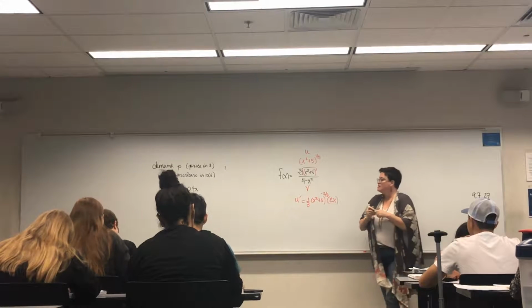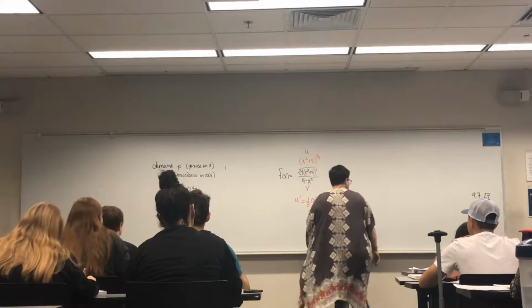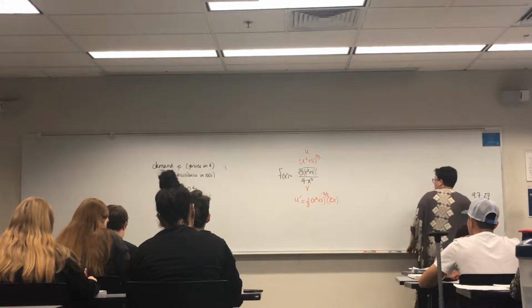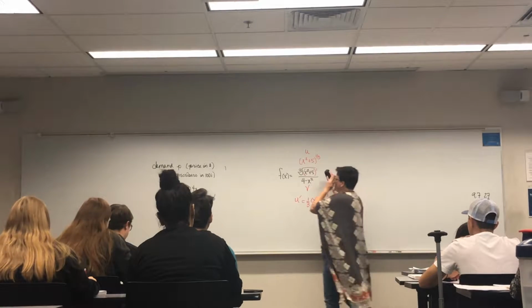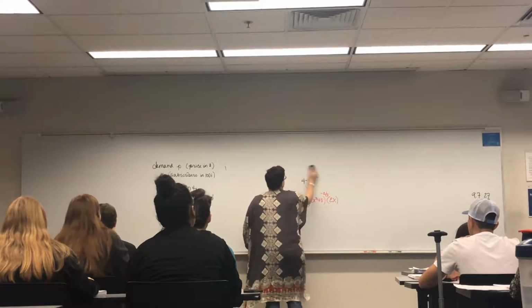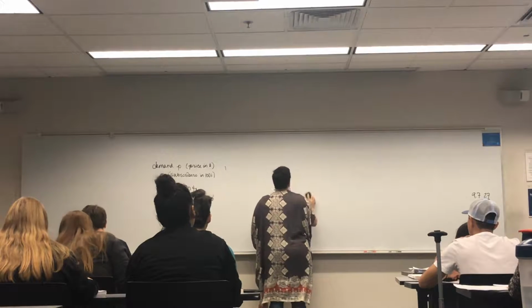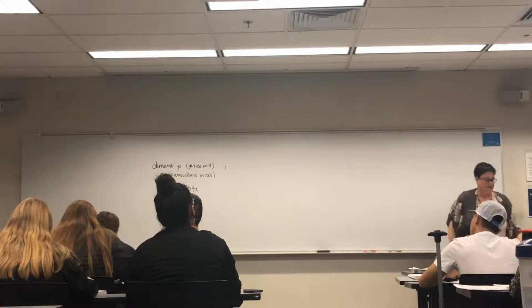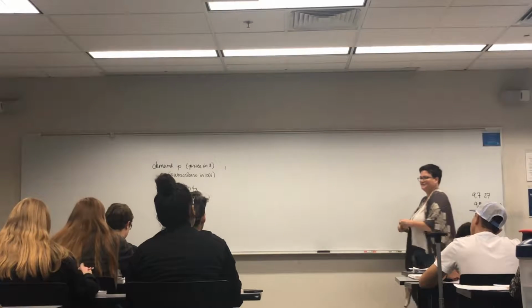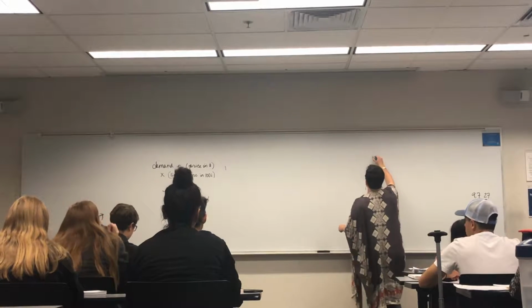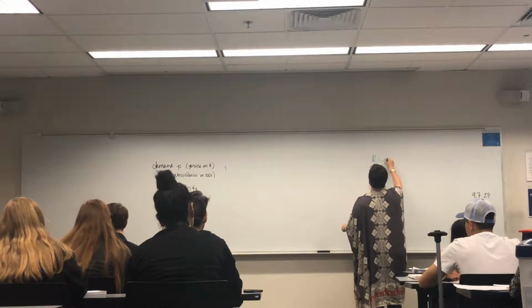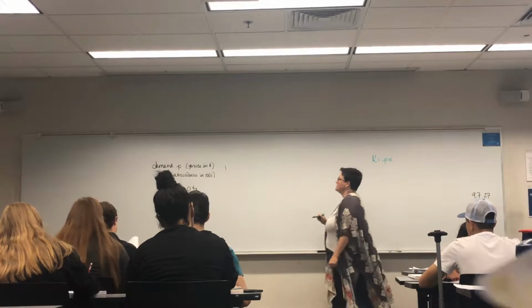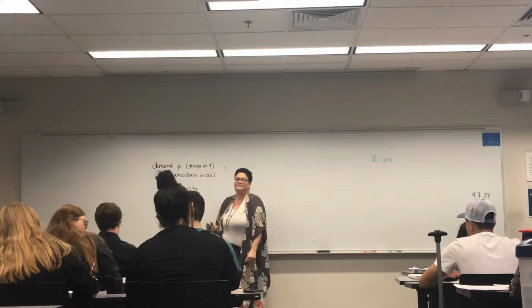So that's part A. Well, what did I tell you guys about the relationship between price and revenue? Did you read your handout? Yes, revenue is price times quantity. So what do you think our revenue is gonna be here?